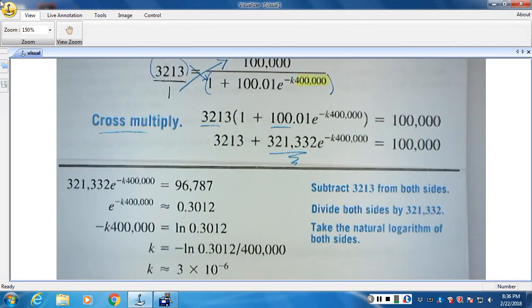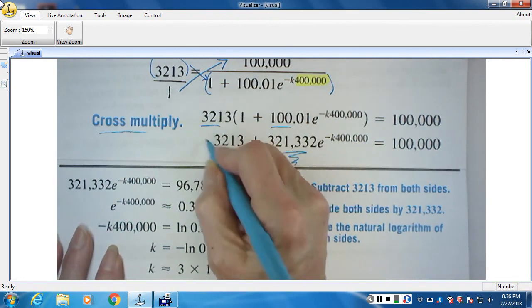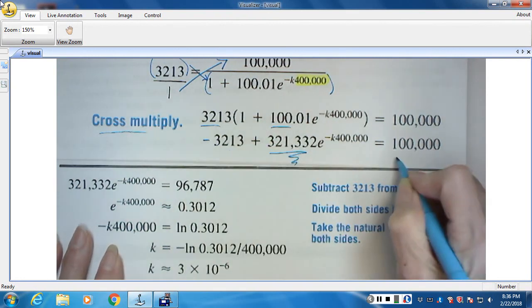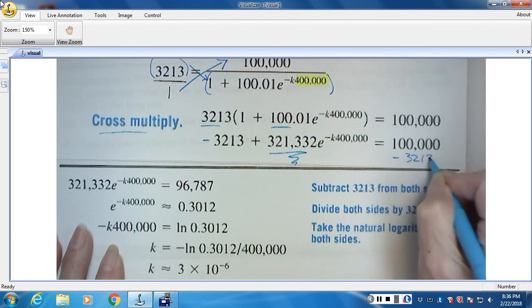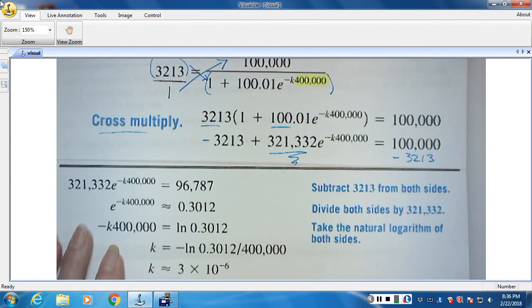Okay. What I've done in the next step was I subtracted 3213 from both sides. That's what got me here.